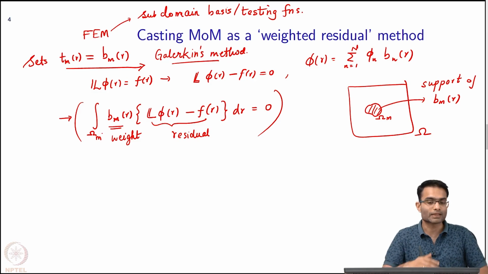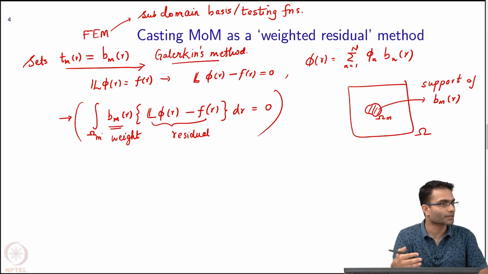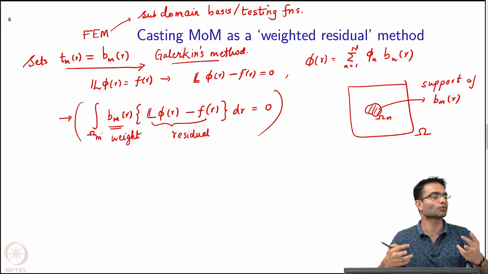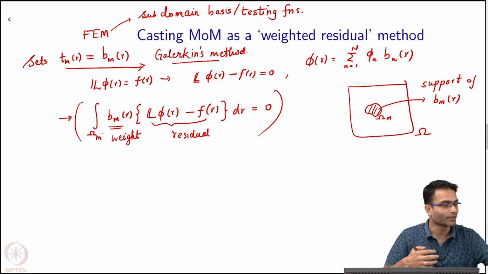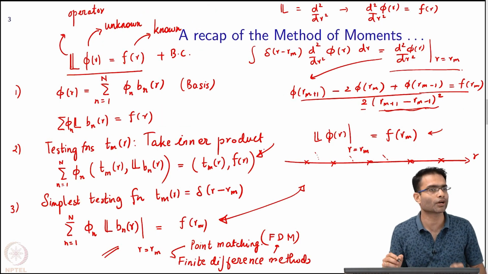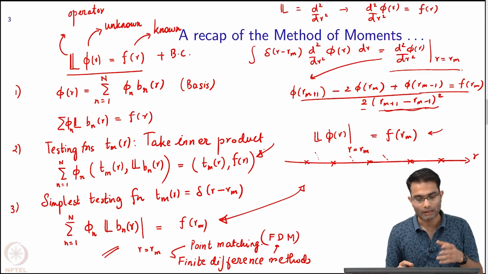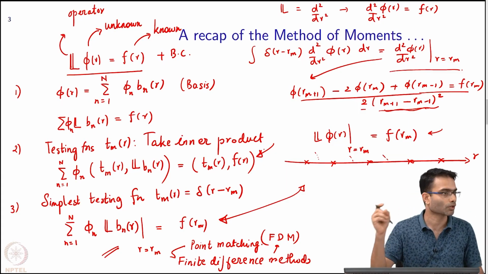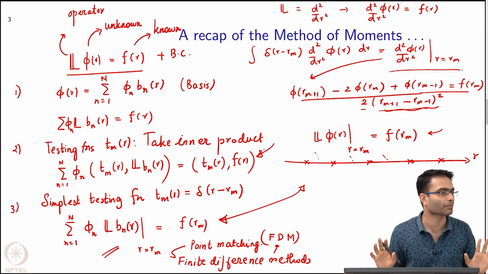So, the reason I am giving this slightly different interpretation is because the FEM community gives an interpretation to the method of moments equations which we had already derived. When we derived the method of moments equation over here, we did not have this weighted residual interpretation, right. We just said okay, phi is projected on basis B, then I do testing along Tm. That was my interpretation, we were happy with it.